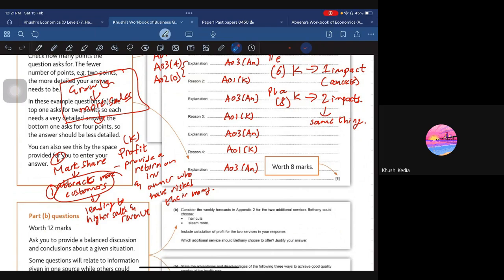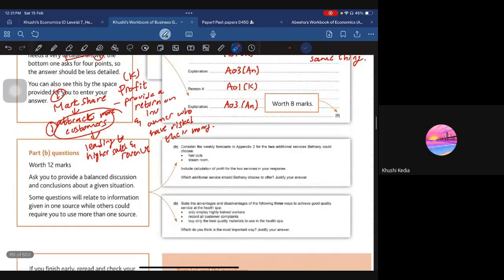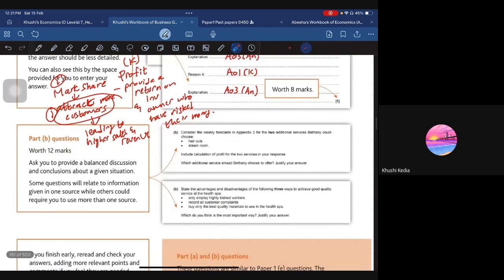So now the 12 marker, I will also talk about the levels, so that you have an idea what we are supposed to do in the different levels. But I will give you some idea about how to structure it first.